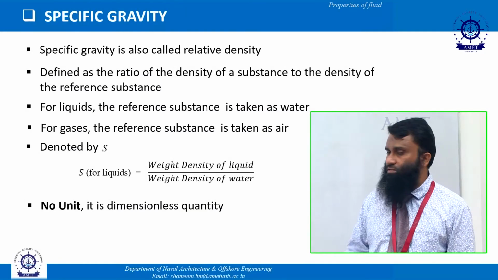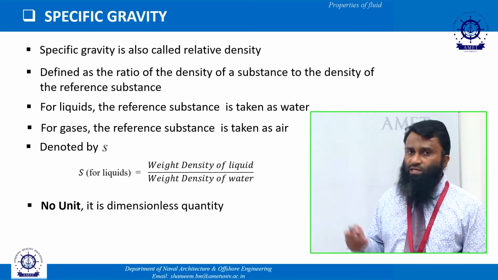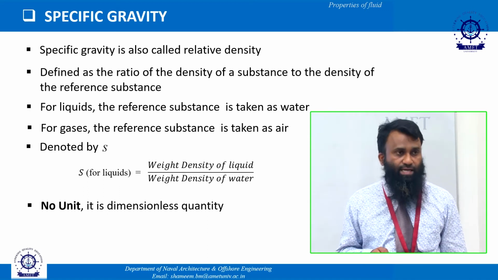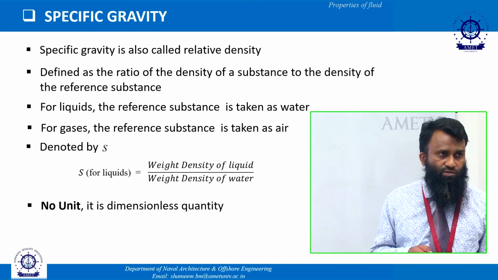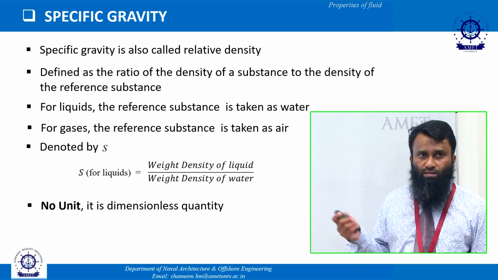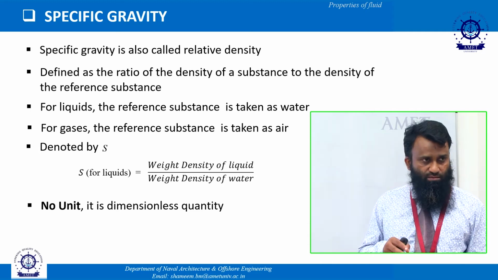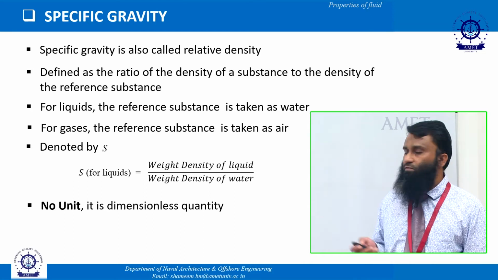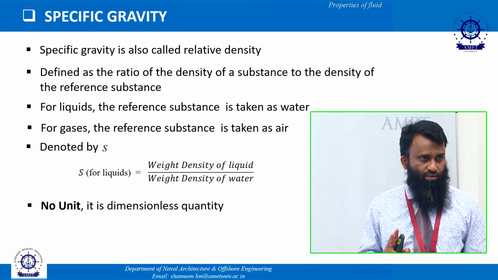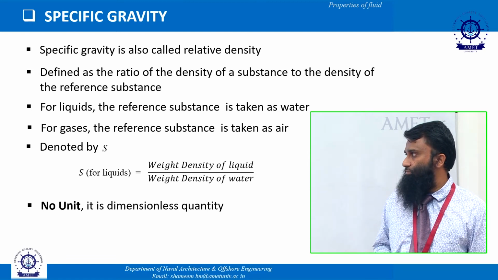Another property is called specific gravity. This is also called relative density. It is defined as the ratio of the density of the substance to the density of the reference substance, that is called specific gravity or relative density.